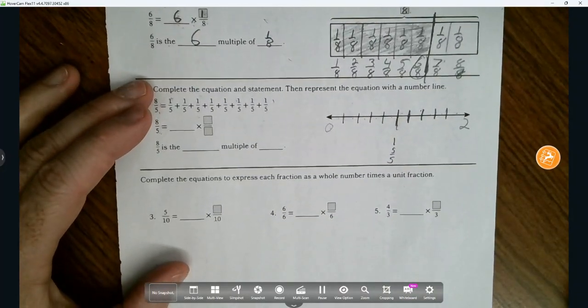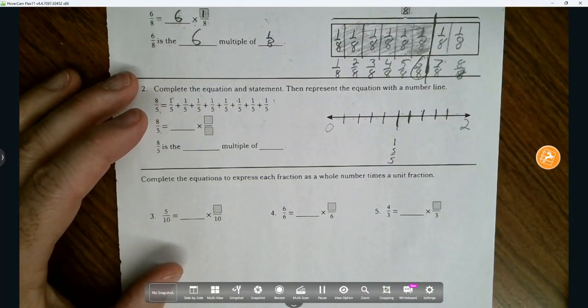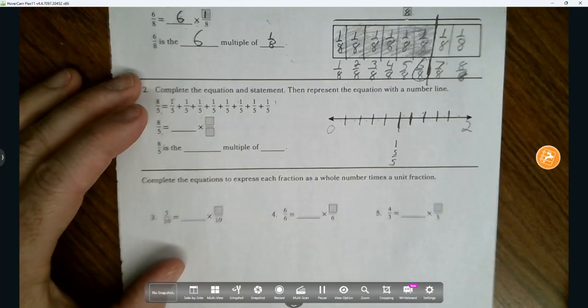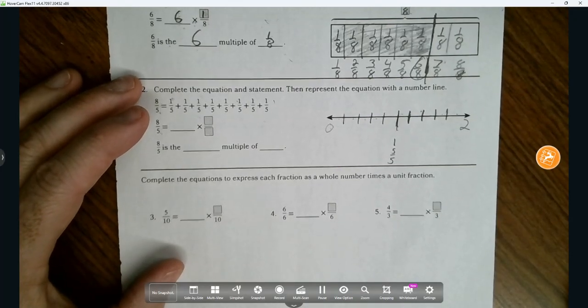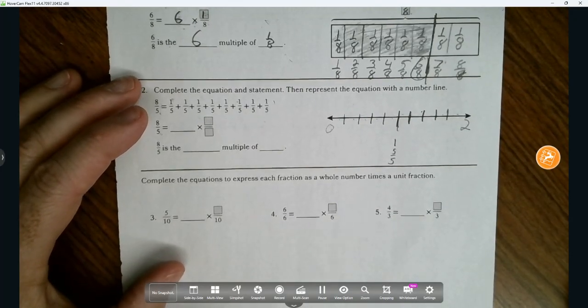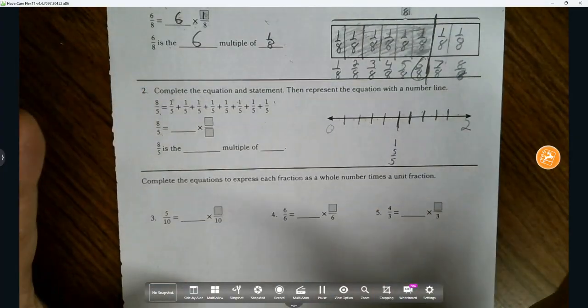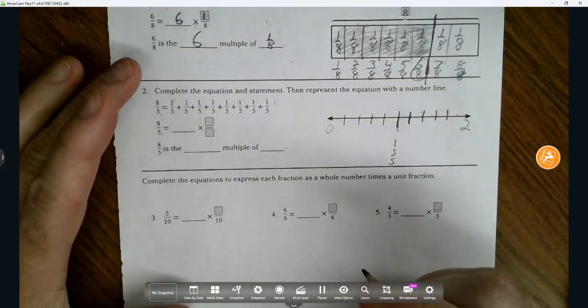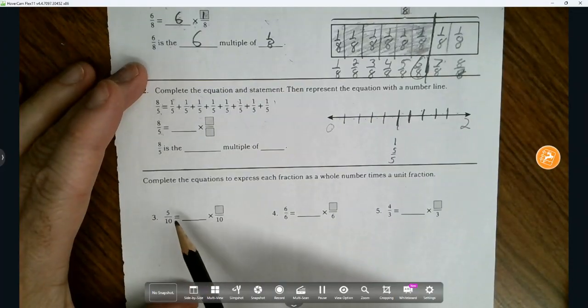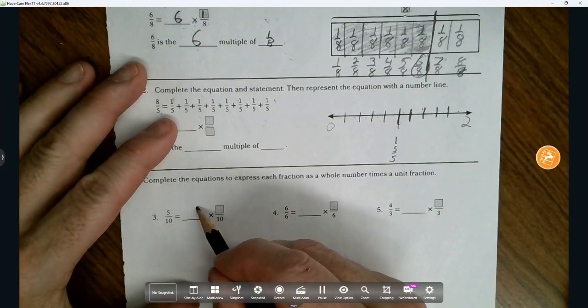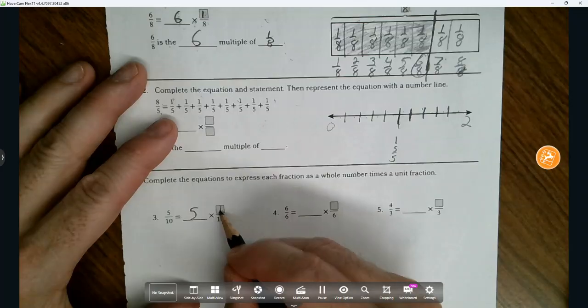At the bottom, complete the equations to express each fraction as a whole number times a fraction unit. Again, I don't like this. This is not what this means, but that's what they want us to do, so that's what we're going to do. So 5/10 equals 5 times 1/10.